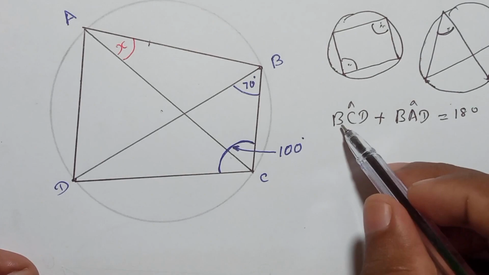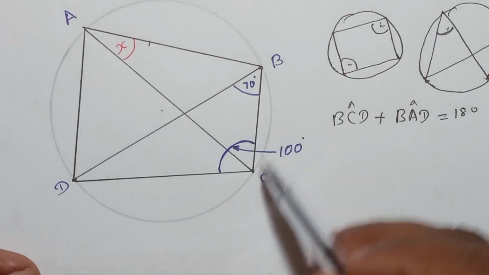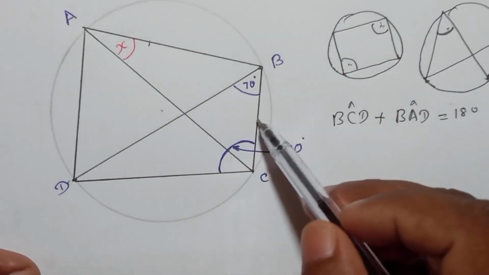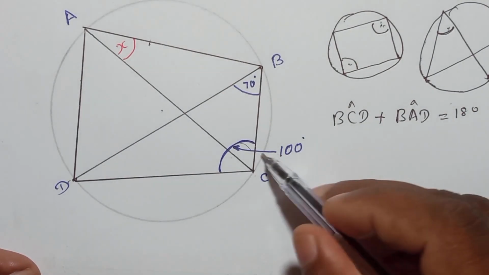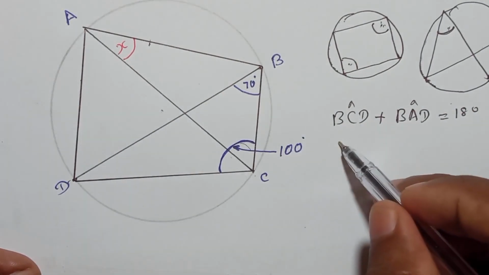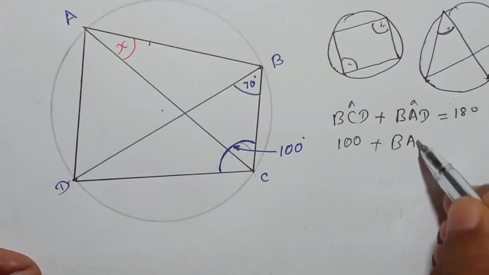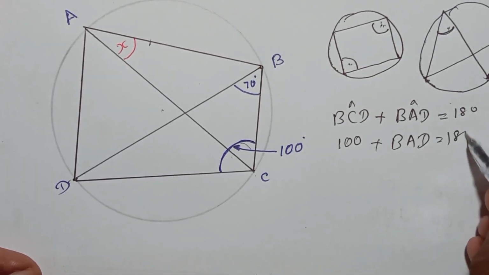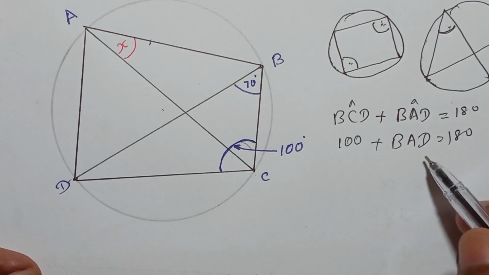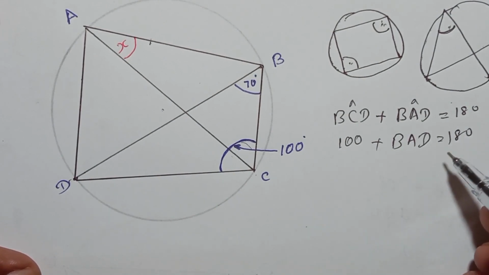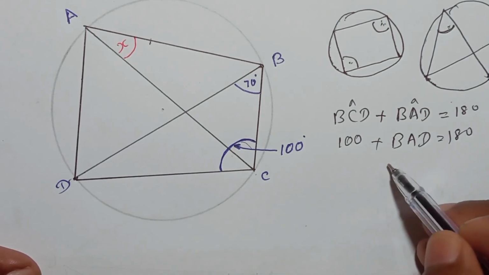So BCD, that means this angle is 100, they tell us here. So I write BCD is 100. Now you don't need to do this by writing. You can do it in your mind, but if they ask you to write the reason, show the clear working, then you can show it this way.